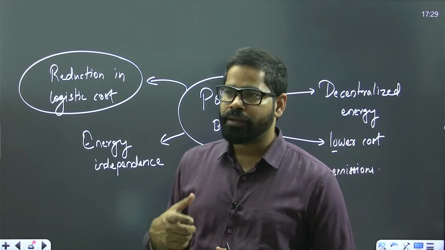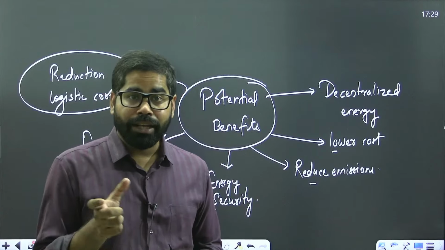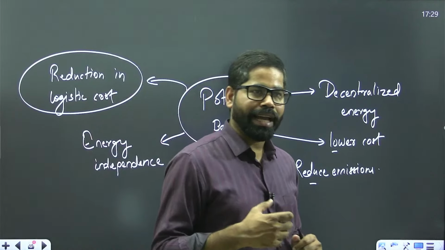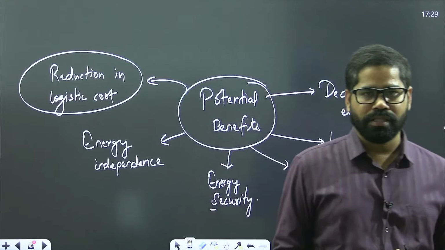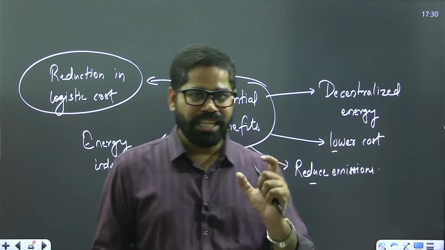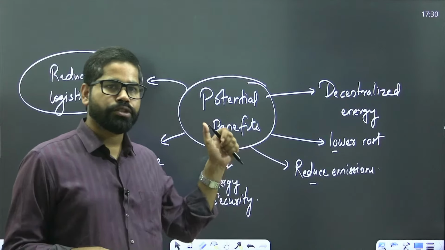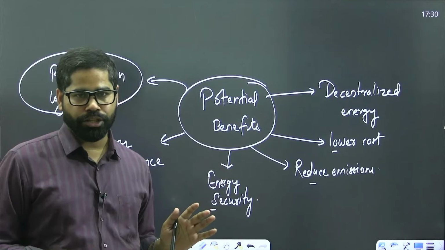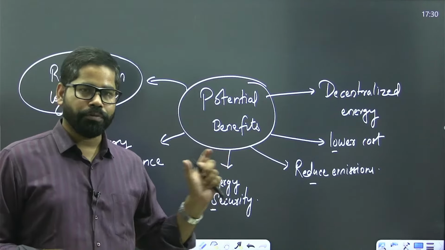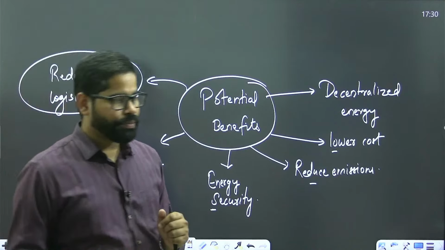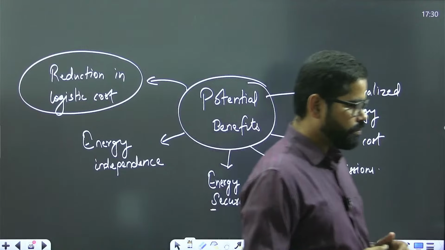The requirement of domestic procurement is also hindering it. Then we have the long process of approval. These are the reasons behind the slow adoption of PM solar rooftop installation or PM Surya Ghar Yojana. I hope this part is clear. Any doubt in this?